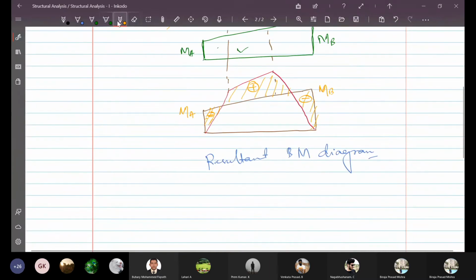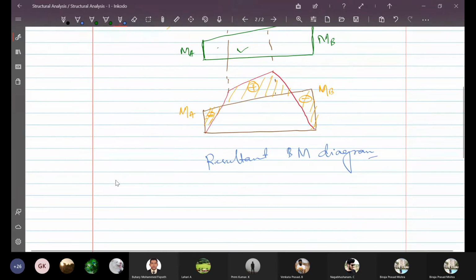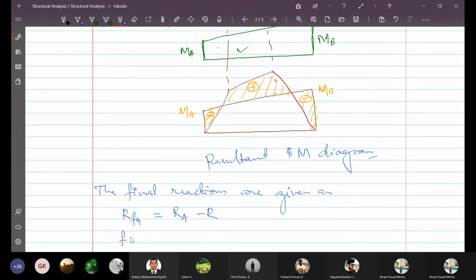Can I write the final reactions are given as RFA equals RA minus R and RFB equals RB plus R?